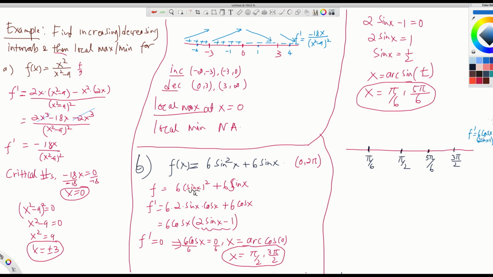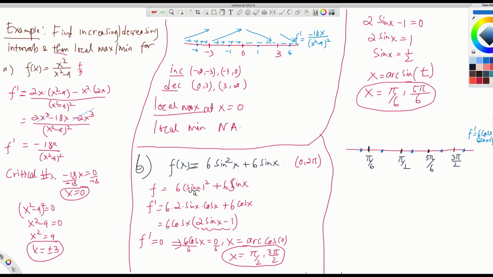We'll be finding the sign of f prime. So what I suggest is to use a calculator and plug in a test point here, here, here, here, and here, and then check the sign.